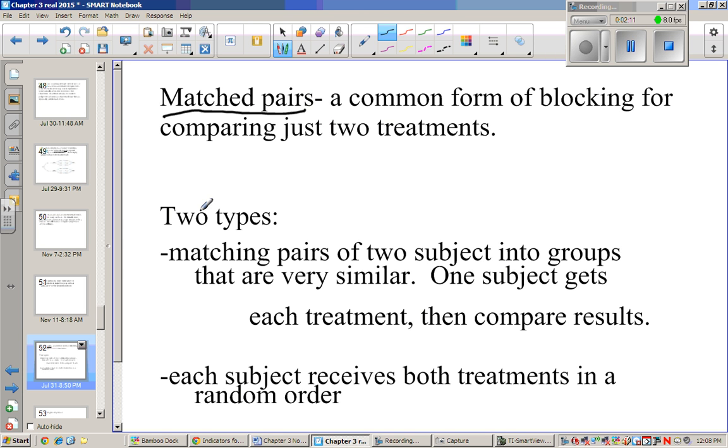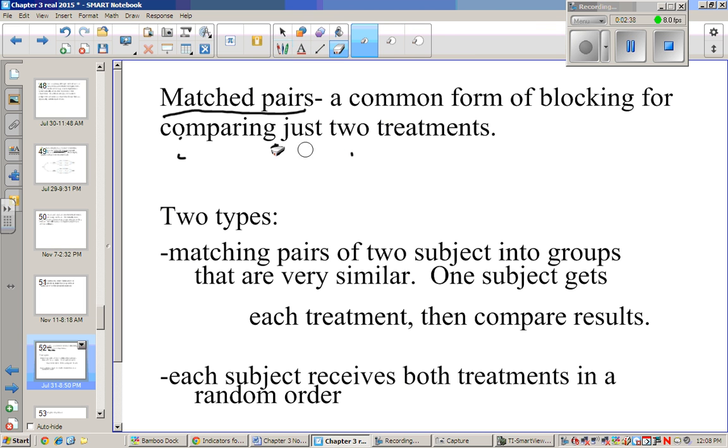So the fitness instructor can take the people on the bottom. Maybe he tested their push-ups, and maybe they can do 0 to 10 push-ups in 1 minute. And he'll take however many there are, but usually with matched pairs there's just two.